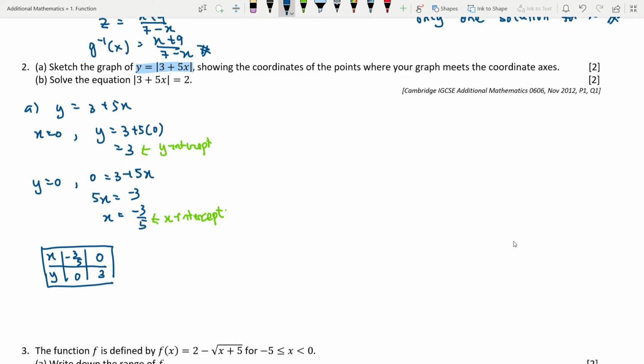Then we sketch the graph. We draw two axes, x-axis and y-axis. When x is negative 3 over 5, y equal to 0, somewhere here, negative 3 over 5, 0, and 0, 3.